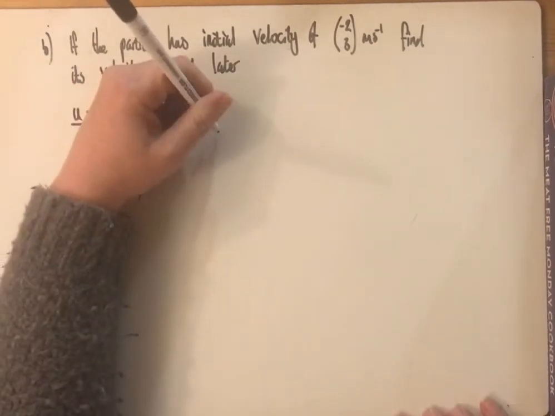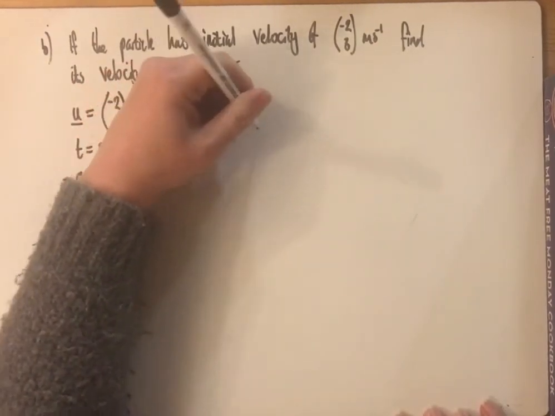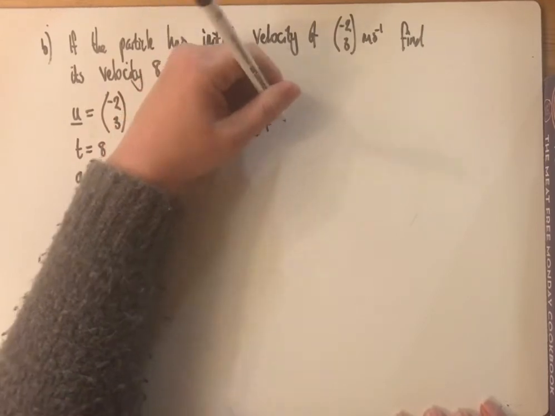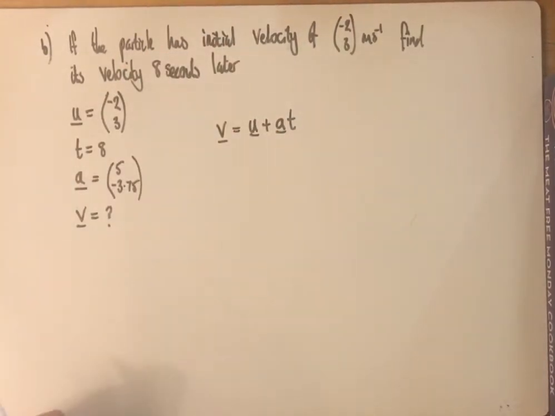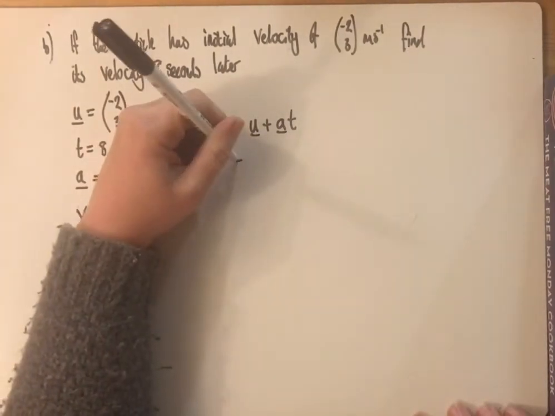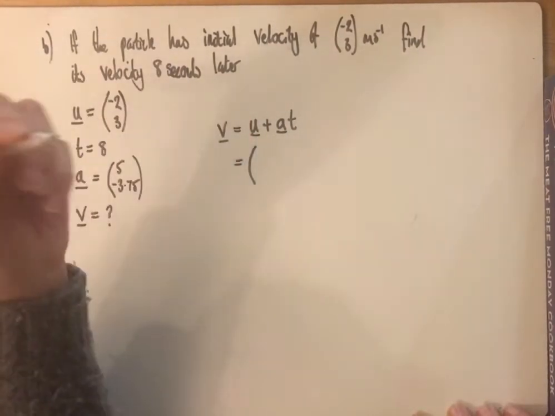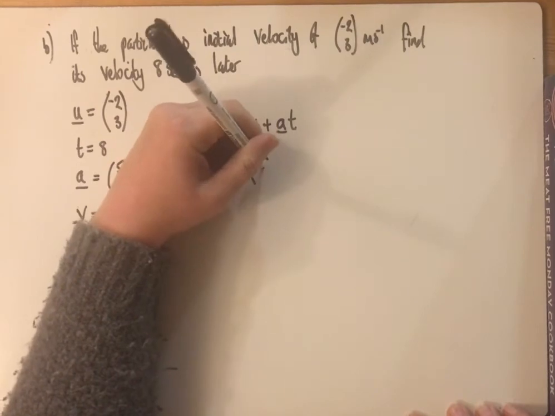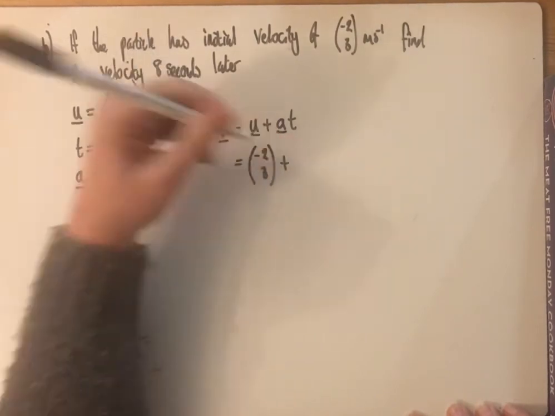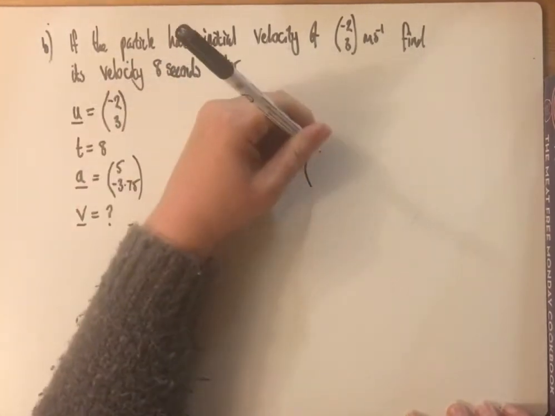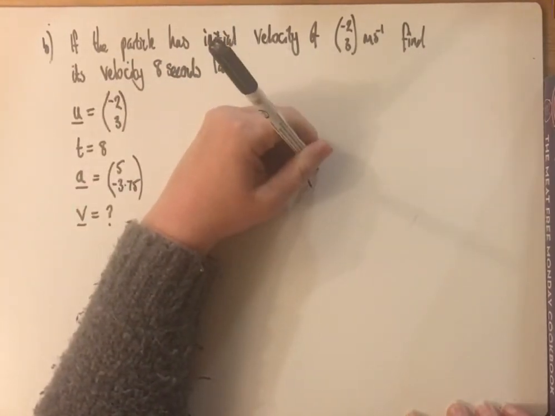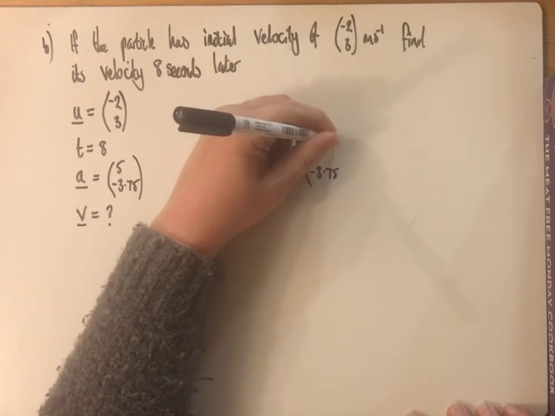And so we can use v equals u plus at. So it's just extending these into vector form and just plugging in. So minus 2, 3, plus 8 lots of a, which is 5, minus 3.75.